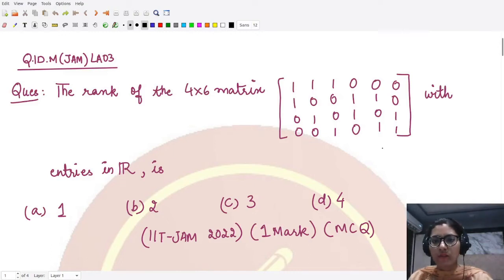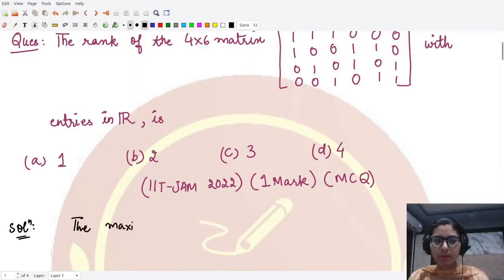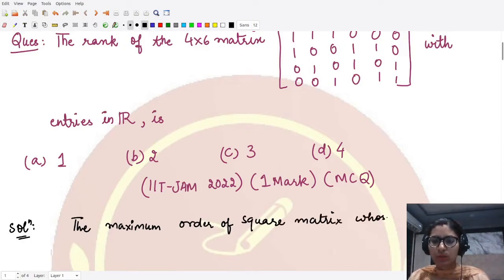Obviously the rank cannot be 5 or 6. Why? Because in order to determine the rank, if you remember, the rank is the maximum order of a square matrix which you can extract from the given matrix whose determinant is non-zero.